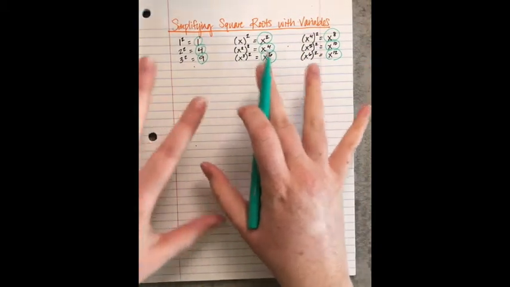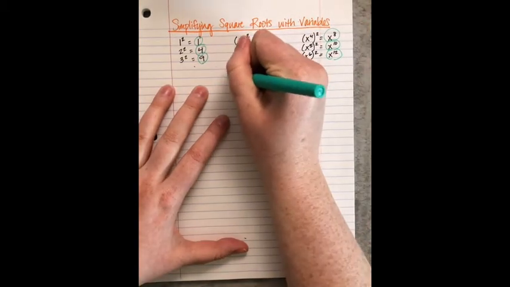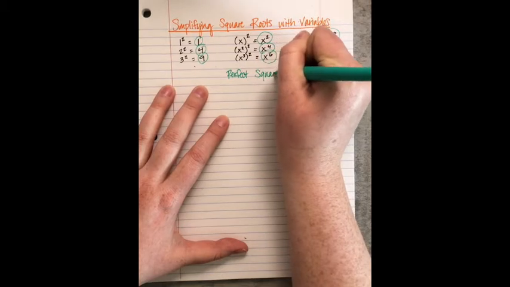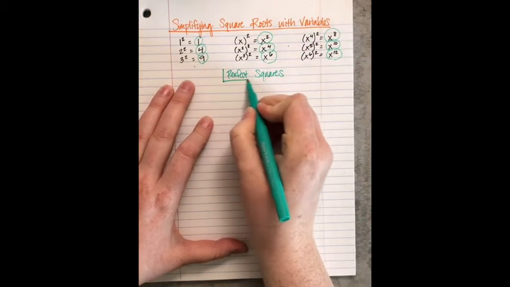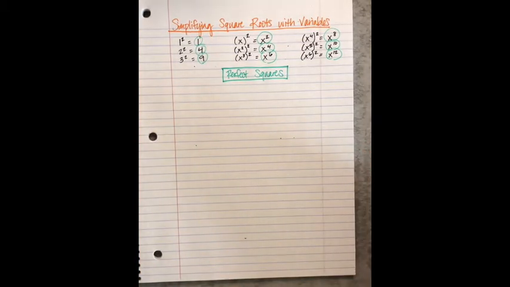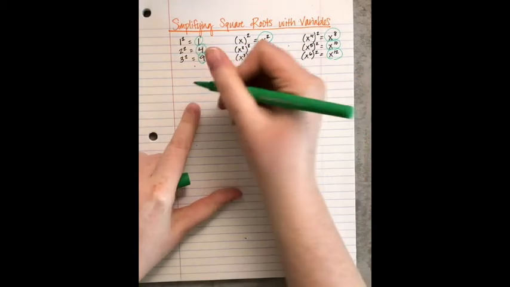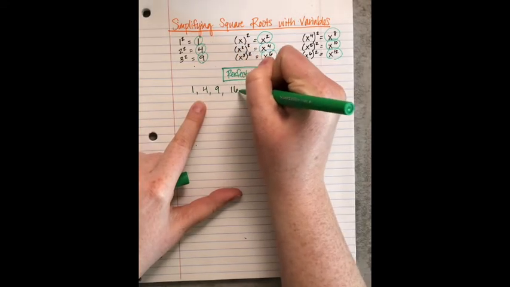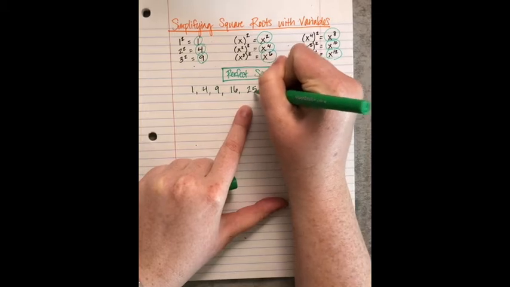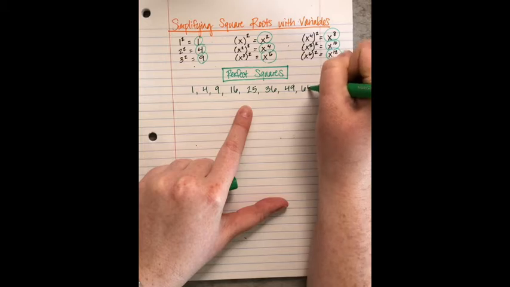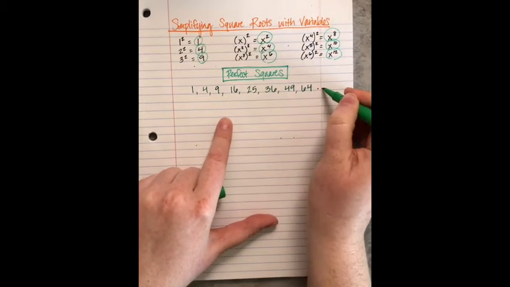So we're going to compile our lists right here and just call this perfect squares. Obviously we're going to have some numbers in there, like 1, 4, 9, 16, 25, 36, 49, 64, and we could keep going.